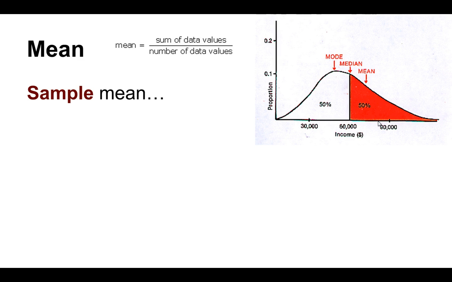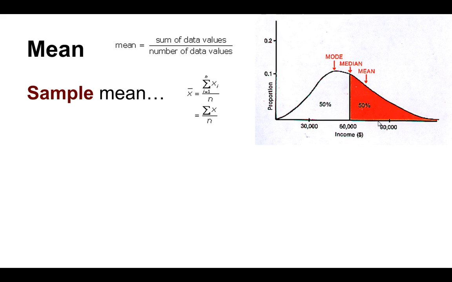Now, first of all, the mean. So the mean is the sum of data values. So you add them all up, and then you have to divide by the total number of data values. So when we're talking summation notation, we have a sample mean, and we can write it as follows. X bar is the summation from i equals 1 to n of each of the values, that's x sub i, all over n.